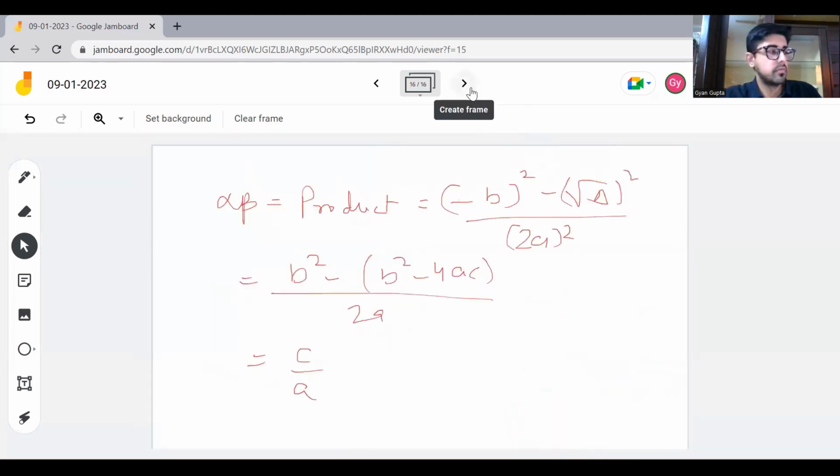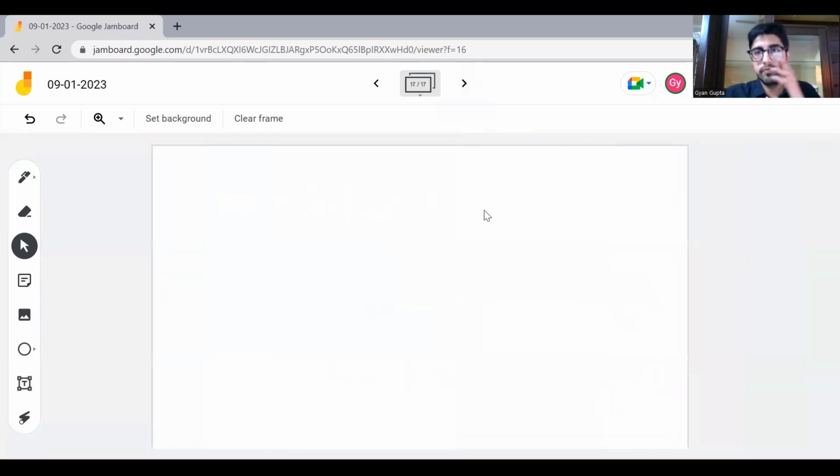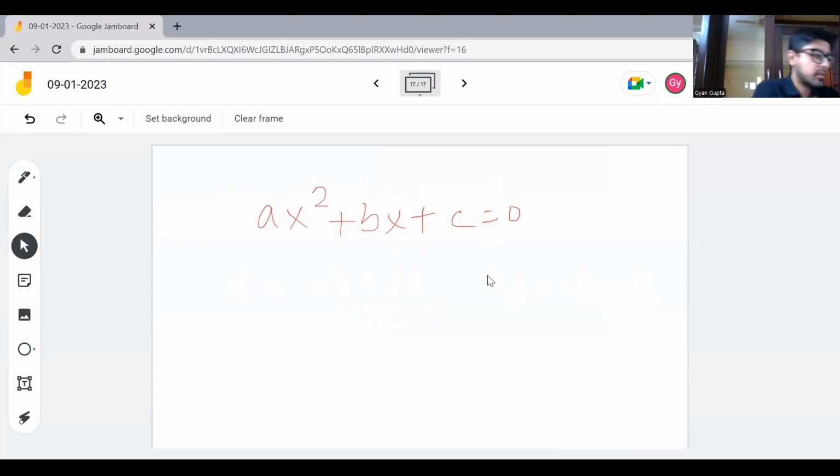All right, perfect. How do questions come from such problems? Let's say one of the questions is ax square plus bx plus c is equal to 0 is the given quadratic equation. And they say that one of the roots of the equation, let's call it alpha, is 0.